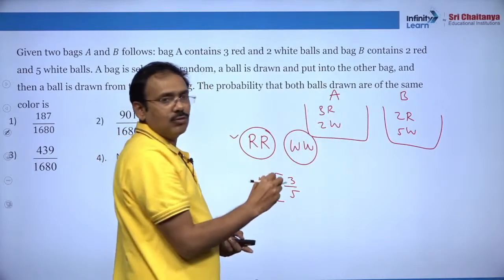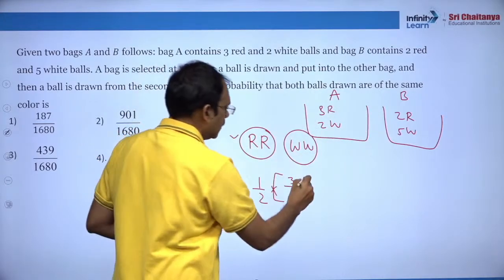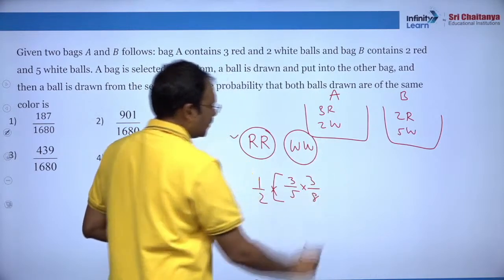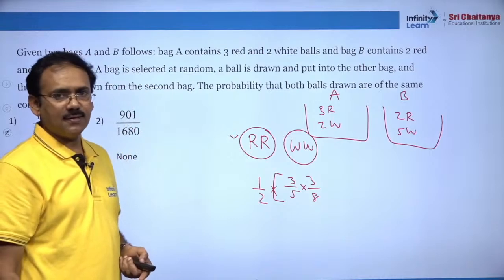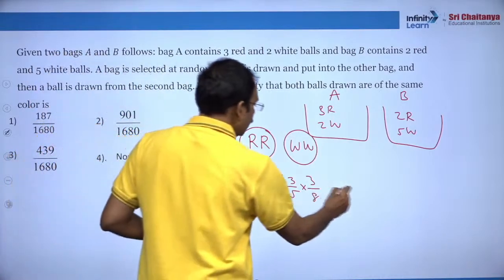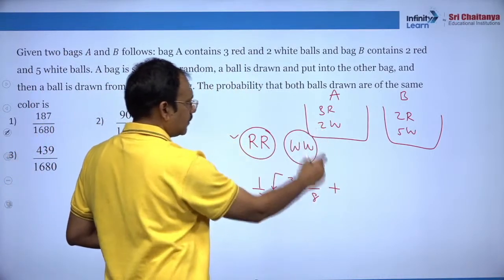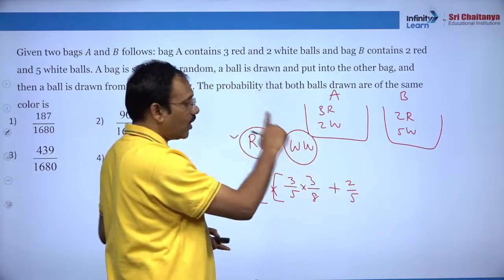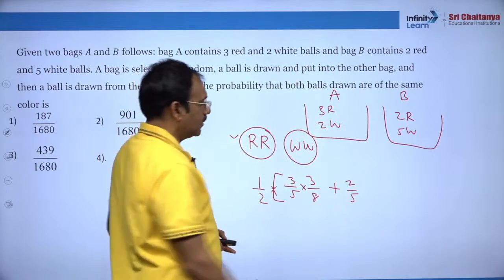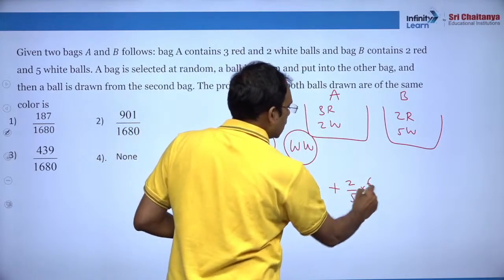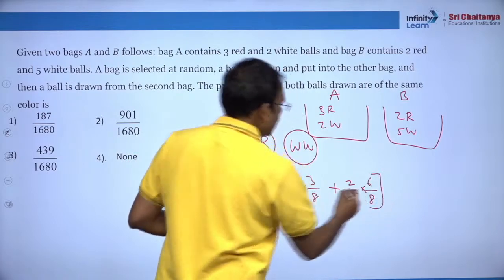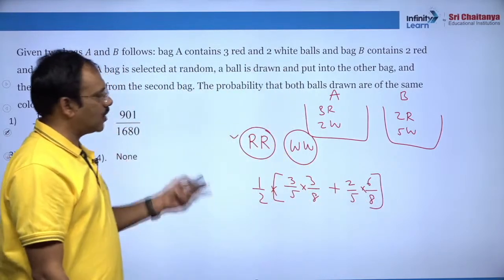From there you have to select red, in the sense 3 by 8. Or both white. Here selection of white is 2 by 5. One of the whites kept there, the chance is 6 by 8. This is how it happens if you start from bag A.